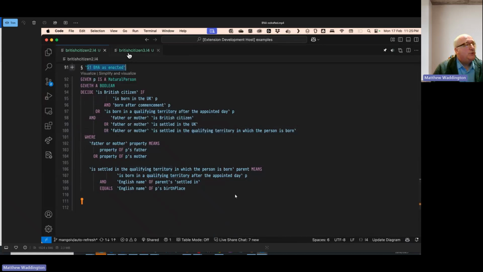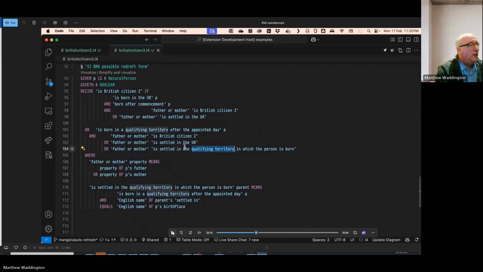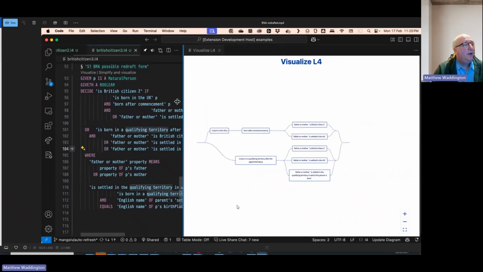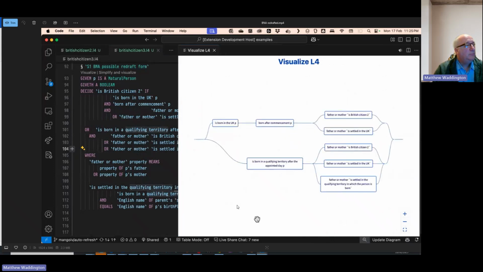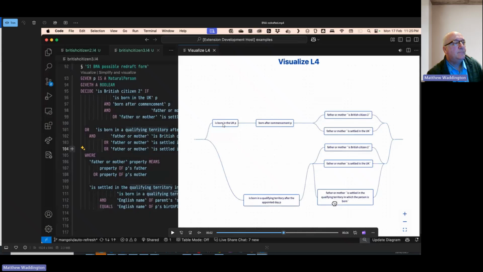But switching from that one as enacted, here's this one to reflect that possible redraft that I showed you just now. In this one, we've now got them separated out. So the qualifying territory is separate. That way, if we now press visualize for that, we get this result, which makes it clear that you now have two routes through.